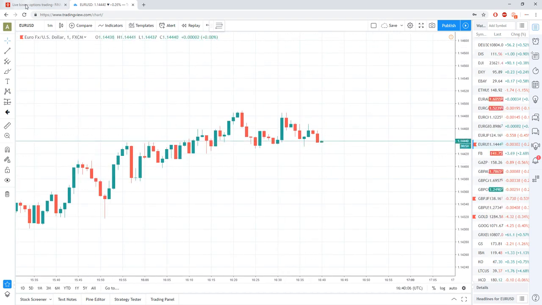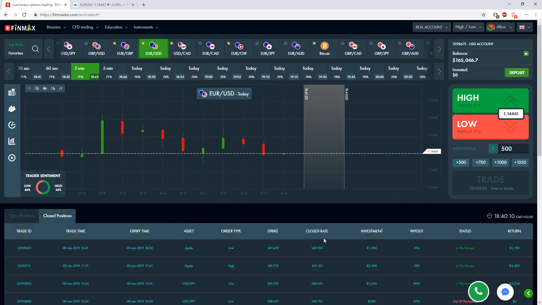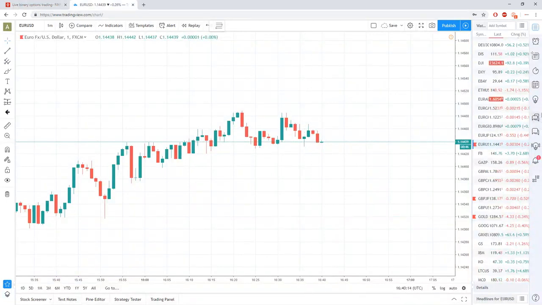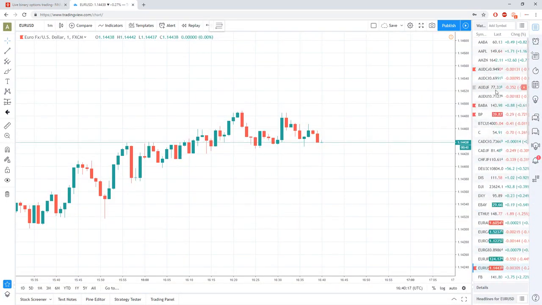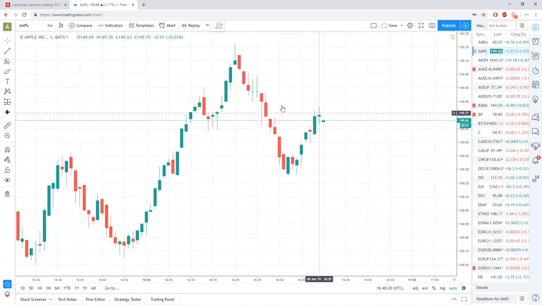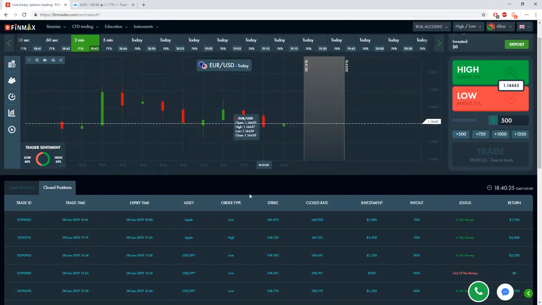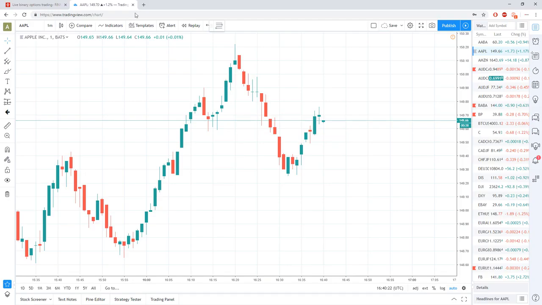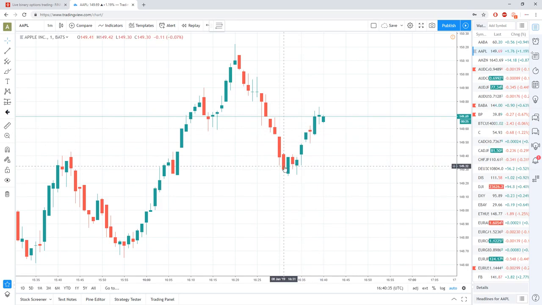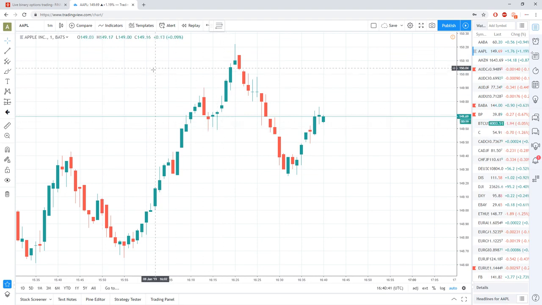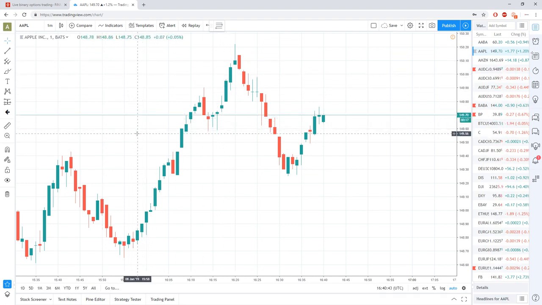So for example, I'm checking some of my trades. Let's say this trade. I need to switch to Apple. My trade for Apple has closed at 18 straight. So I'm looking for the candle that is going to reflect 18 straight. As I'm in Bulgaria, my time zone is GMT+2, and on this platform it is GMT.